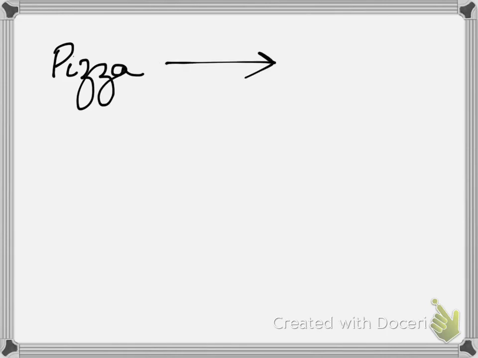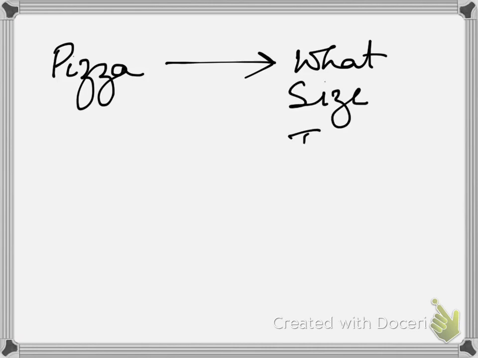Moving ahead, let us take again the example of the pizza. When I want the pizza, I have to give some information as to what type of pizza I want, what size of pizza, and what toppings I would like.